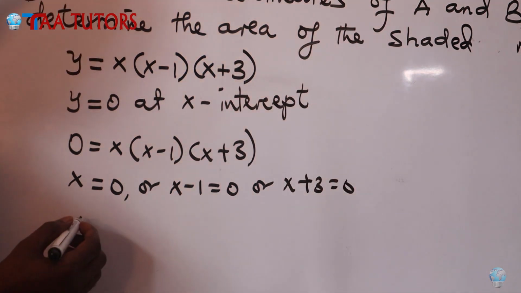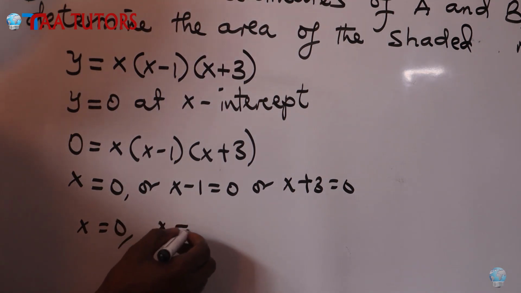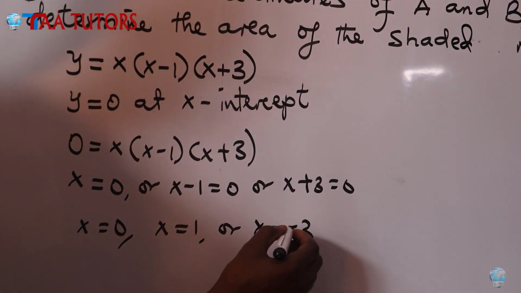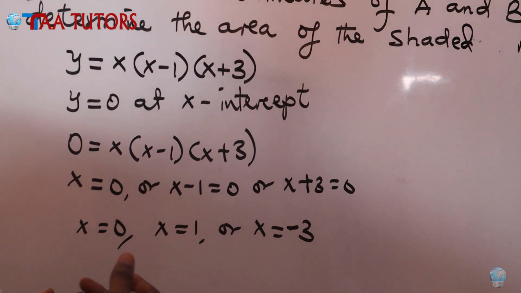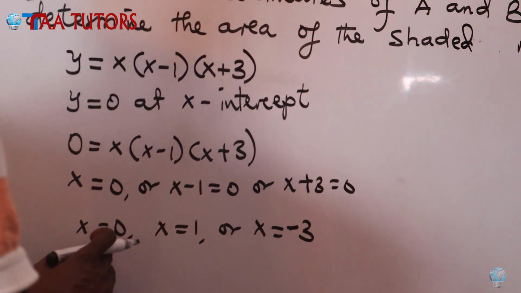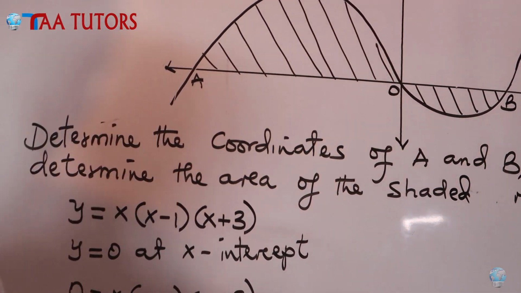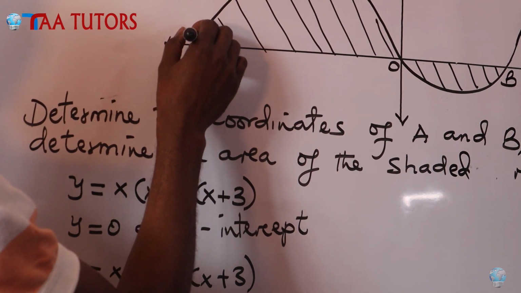So from here I can say x already is 0 here, or x is 1, or x is negative 3. So we already have the values of x at these points. Now we know that x is 0 is here. This is where it is. x is negative 3 must be here because this other side is negative 3. So we can say this is negative 3.